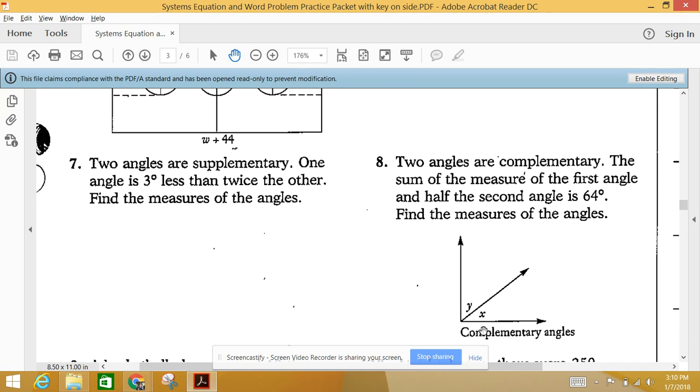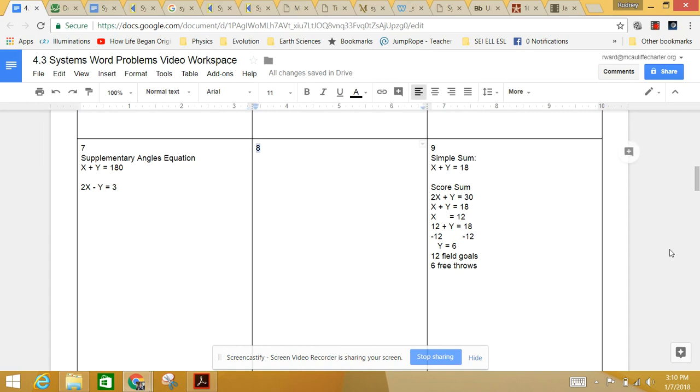You've got this right angle, and x and y add up to a right angle. So we've got our first equation. I'm going to call that the complementary angles equation: x plus y has to equal 90 degrees because they're complementary.